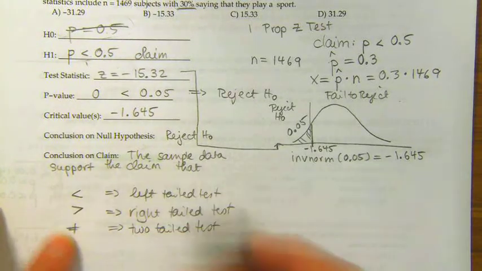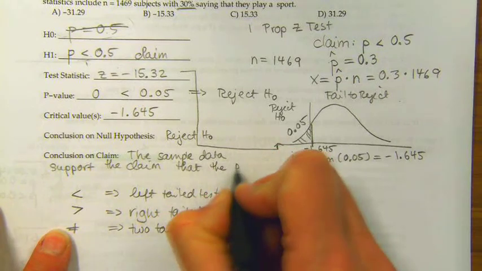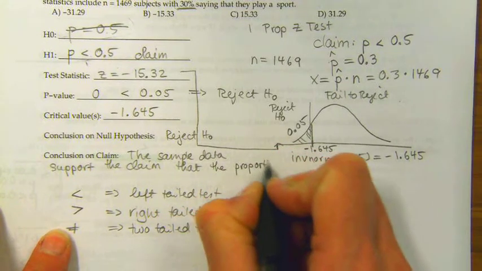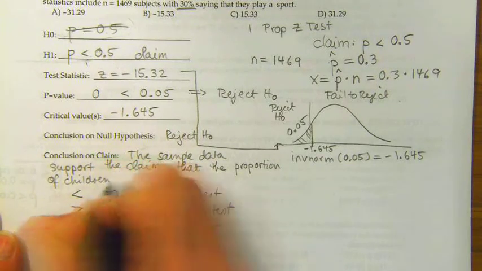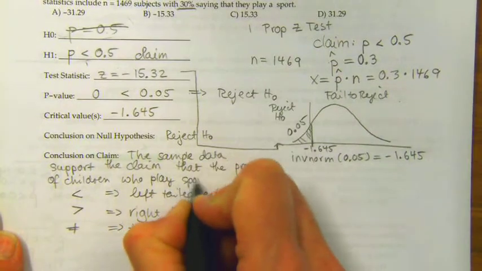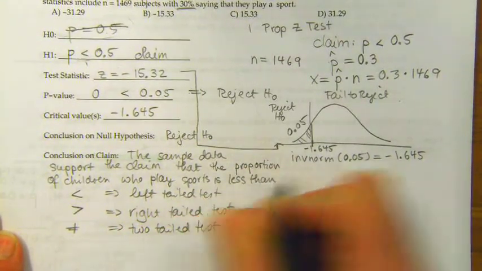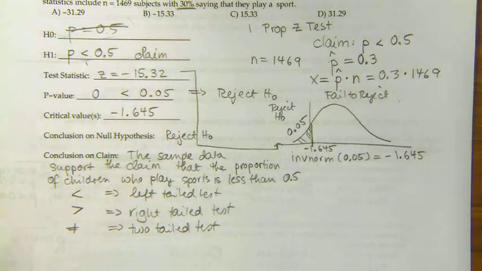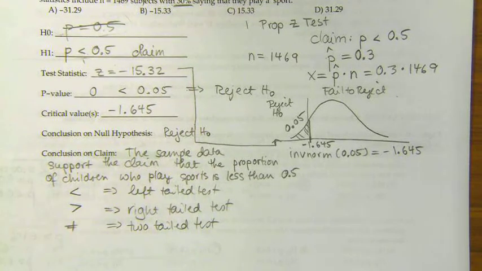So the sample data support the claim that the proportion of children who play sports is less than 0.5. Okay? And that's obviously a big topic nowadays with child obesity rates and everything.